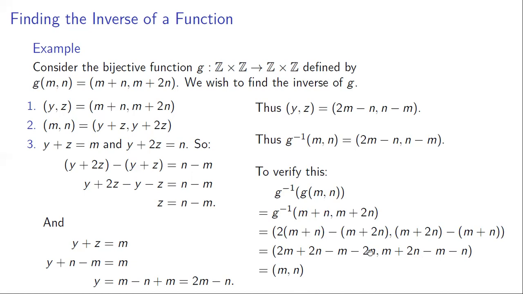The plus 2n minus 2n cancel each other out. And then we have m minus m, they cancel each other out. And we have 2n minus n, that becomes n. So we are left with m comma n. So we see that g inverse of g of m comma n is just equal to m comma n. So now we can be certain that we have indeed found the inverse correctly.